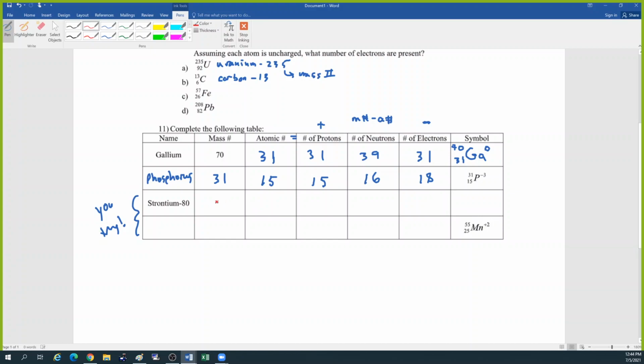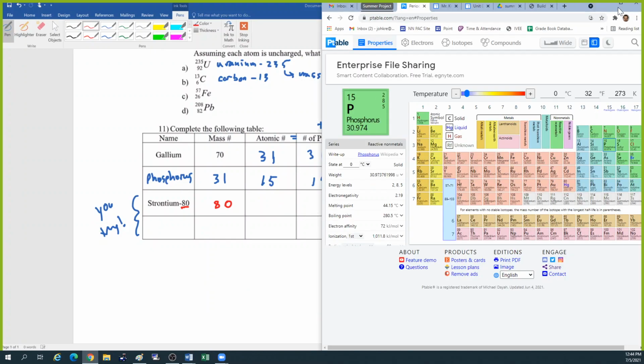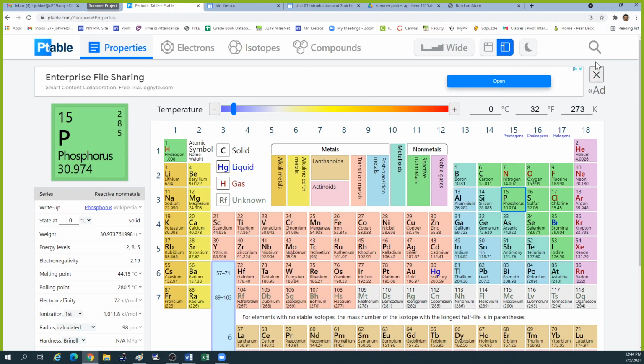Strontium 80, what's the mass number? 80. Yeah. What about the atomic number? Where do we find that? Go on the periodic table and look for the symbol or the name of strontium. It's down here.